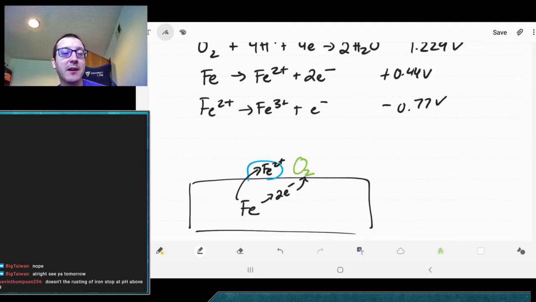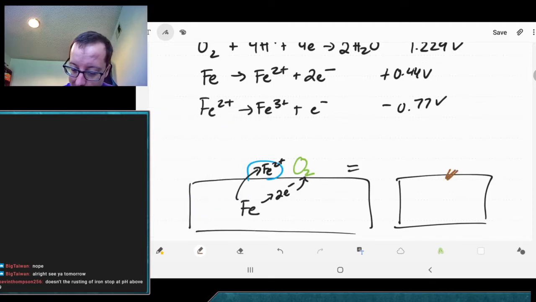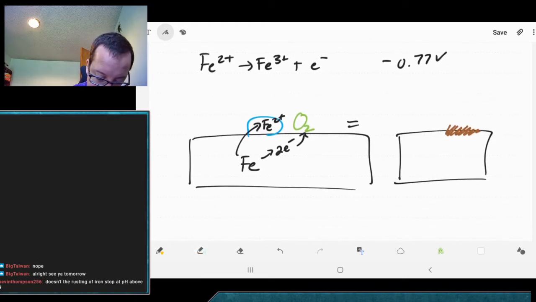Those electrons will come in contact with some oxygen at the surface, and poof, as a result, we have these 2 reactions happening, and now we get angry brown rust happening here at the surface. So we're going to see that the combination of these 3 reactions is what's going to produce that rust.